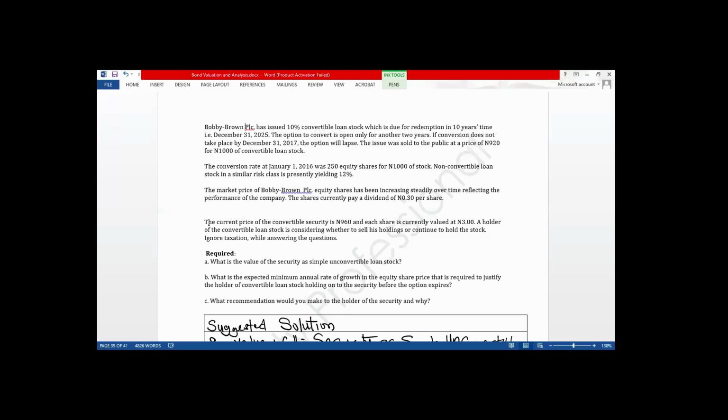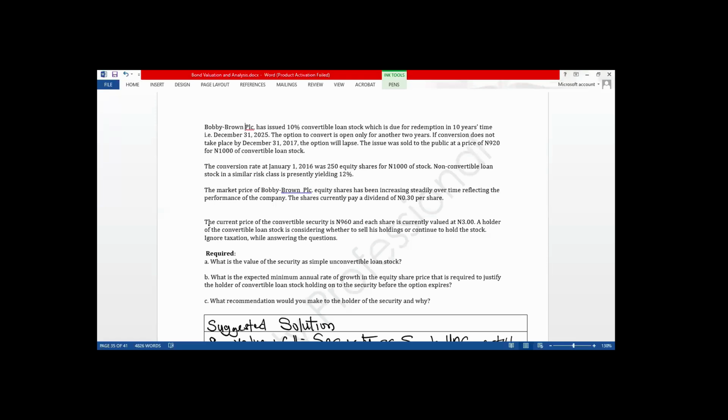But you can hold the bond for 2 more years before converting to ordinary shares. Now, if I want to calculate the expected rates, I will ask myself, I have a choice to collect 960 today, or I will wait for 2 years.